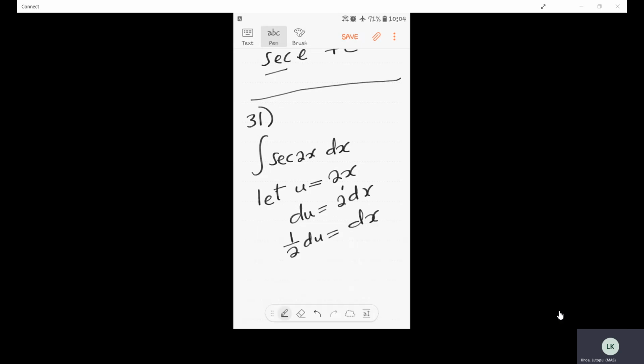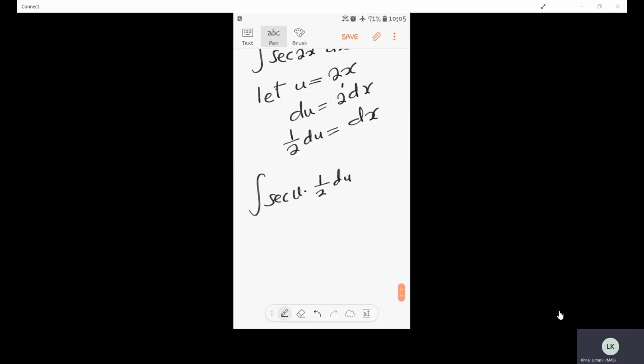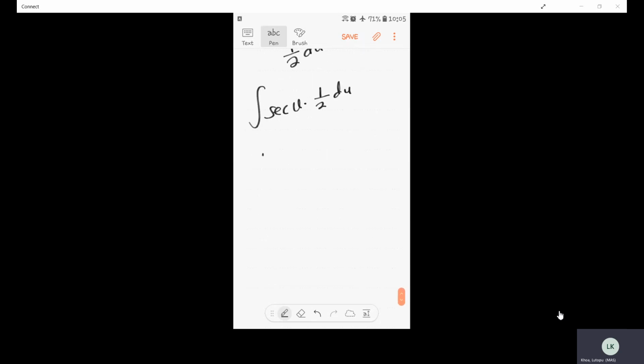Okay, so when I substitute this, I have the integral of sec u multiplied by half du. So this is half the integral of sec u du. Now what I'm going to multiply by is another function which is equal to 1.